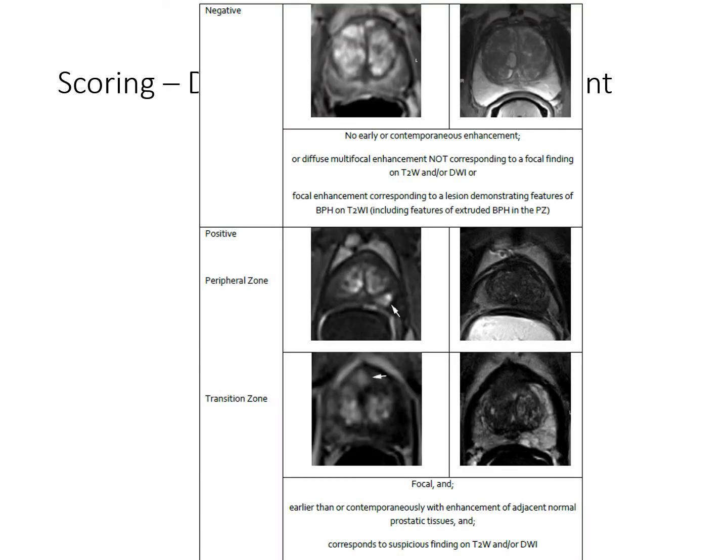You look at the earliest beginnings of enhancement in the gland, and if you don't see anything focal, then you're okay. But if you do see something which really stands out at the earliest or just before the earliest enhancement of the rest of the gland, like this lesion, for example, then you should be concerned, particularly if it corresponds to a finding on the T2 weighted and diffusion weighted images, okay?